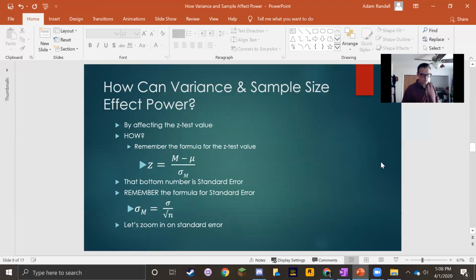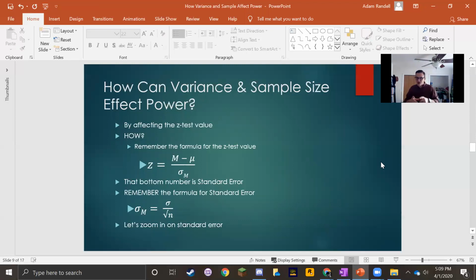Now, how can variance and sample size make the z-test value bigger or smaller? Well, to figure that out, let's bring our attention right back to the z-test formula, and you see it there. So z equals the mean minus the population mean over the standard error. The bottom number there is standard error. Well, let's look at the formula for standard error, all right? Standard error involves a measure of variance, specifically in this formula, standard deviation, divided by the square root of your sample size of n.